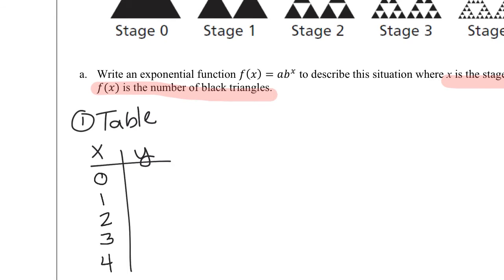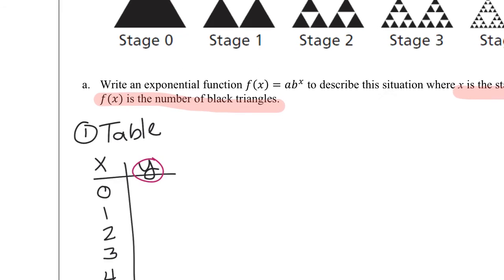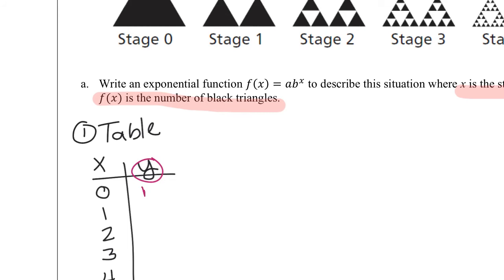Then f of x, or in our case y, is the number of black triangles. For stage 0, there was 1 black triangle. Stage 1, we had 3 black triangles. Stage 2, we had 9 black triangles.